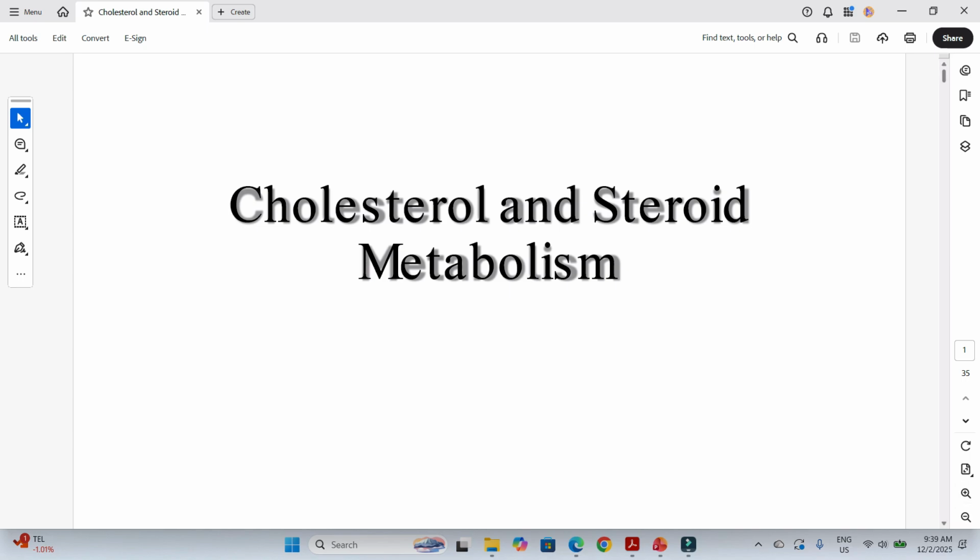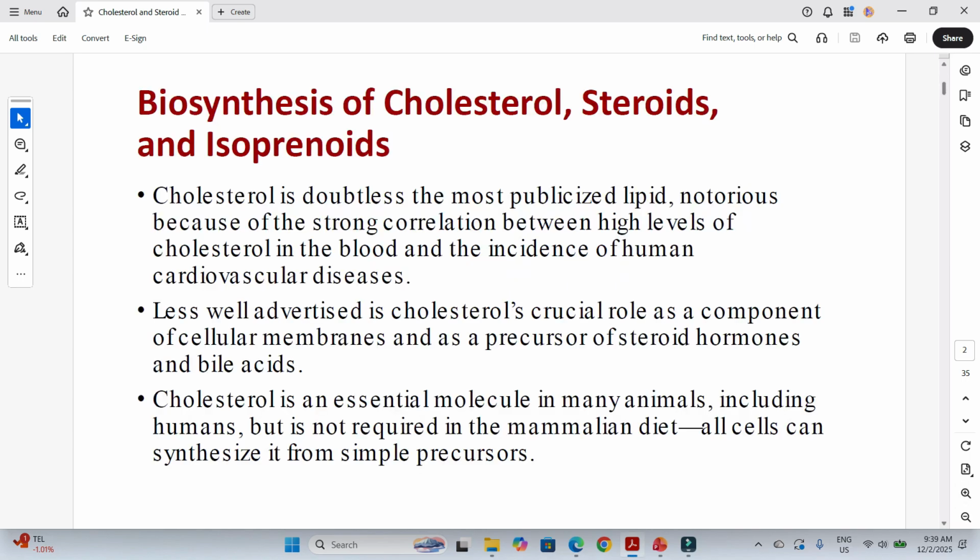Okay? Alright. So as I've mentioned, cholesterol is doubtless the most publicized lipid, right? Notorious because of the strong correlation between high levels of cholesterol in the blood and the incidence of human cardiovascular diseases.